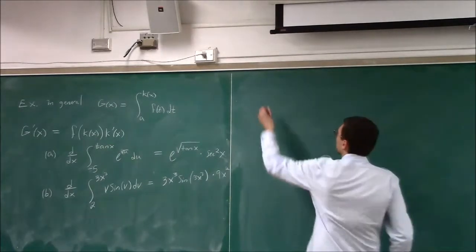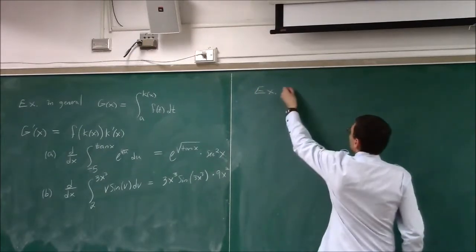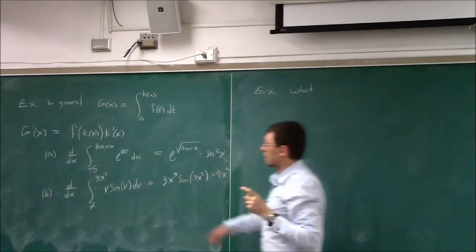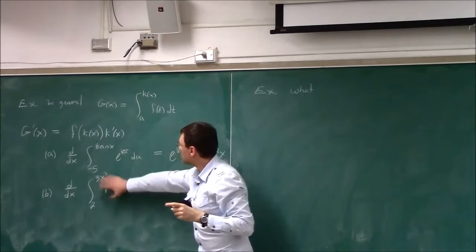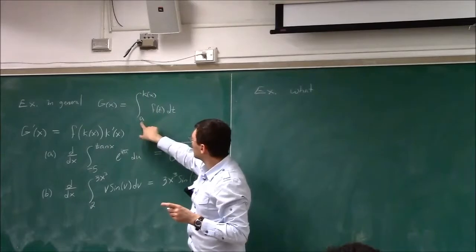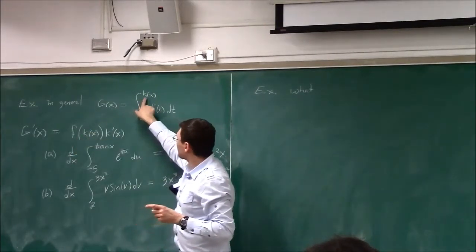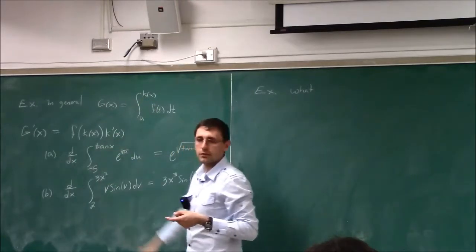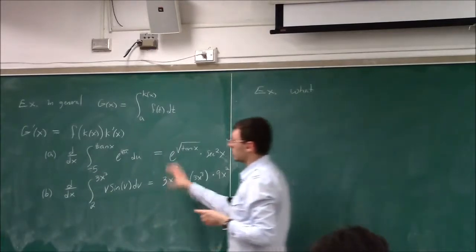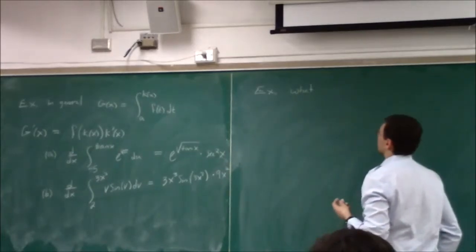Now suppose I'm going to make it a little bit harder. Why didn't that go to cosine? That's the thing. When you take the derivative of, look at this formula, the integral of any function, what you have is this function eating the expression on the top times the derivative of the expression on the top. Be careful, this is not the derivative of cosine. This is the derivative of this new type of function that we created.